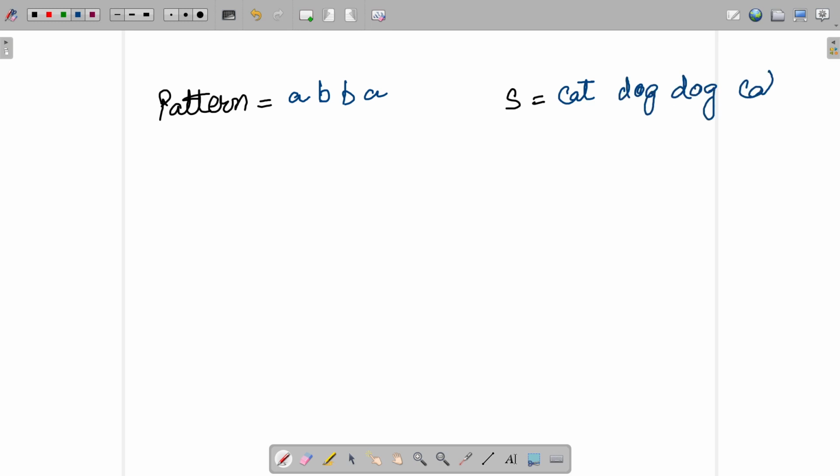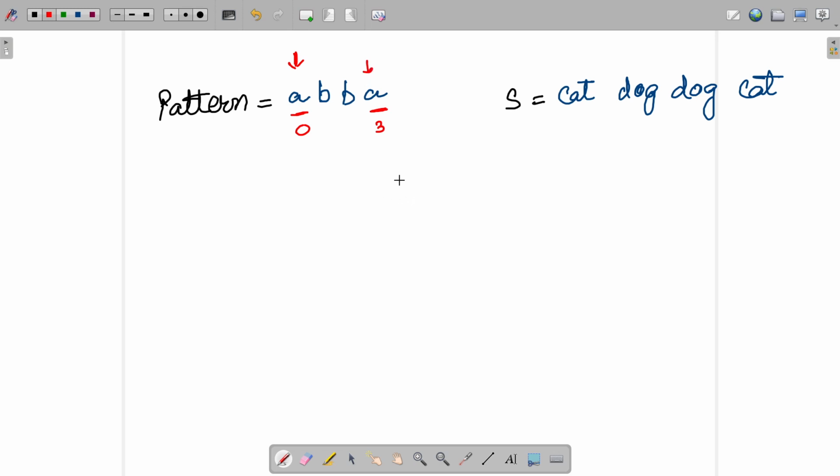dog, and cat. What the pattern means is, if there is some character at some index, like the character A present at the zeroth index, this same character is also present at the third index.